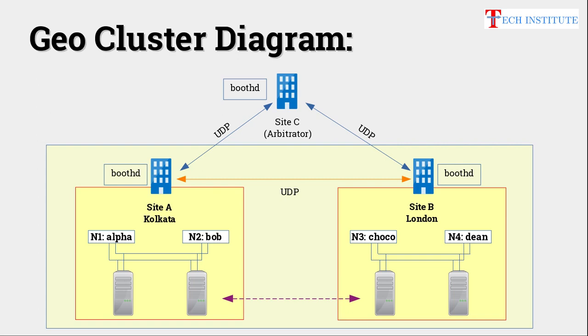In that case your TCP communication will be broken. So to avoid that situation it uses UDP, and as you can see, booth D is running on all the sites, whether site A Kolkata, site B London, or site C, the arbitrator site. Everywhere this booth D is running to handle the communication among the sites.